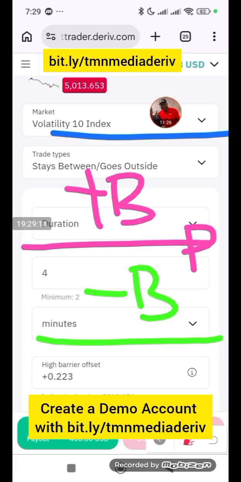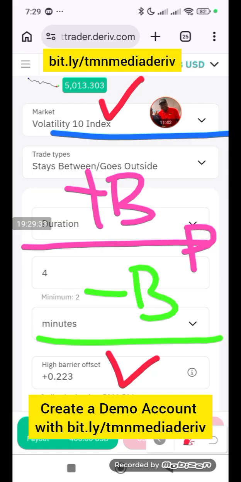goes outside means if he ends outside here, I win. If he stays within here, if he did not go outside, if he stays within, loss. Automatically, if it's in between here, it's loss.